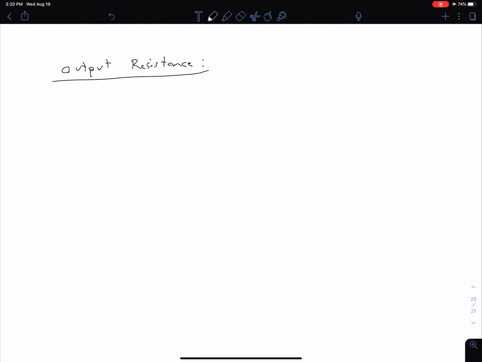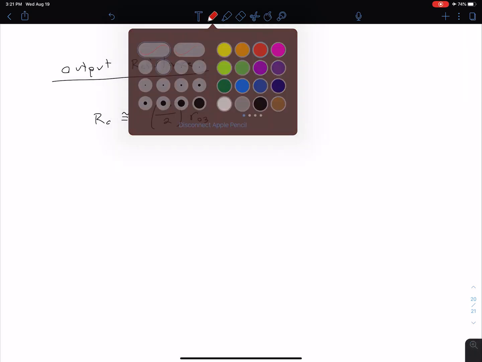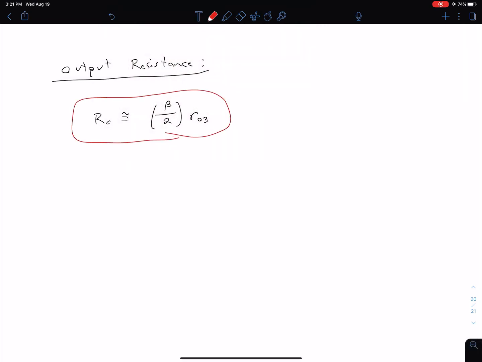So what we would see is that our output resistance, capital R naught, is approximately equal to beta over 2 times r naught 3. And so this expression is for our output resistance for our Wilson current source, where our r naught 3 is the small signal output resistance of Q3.